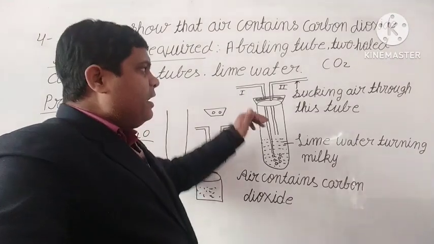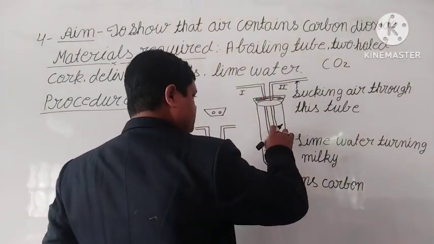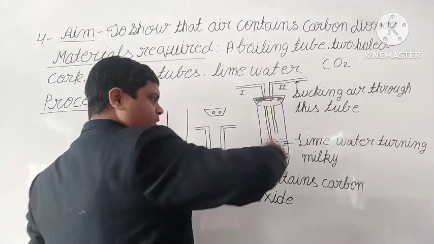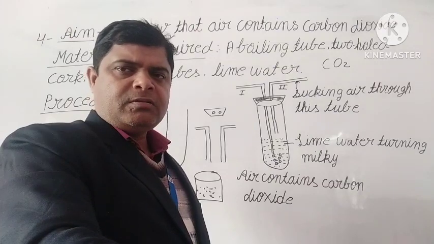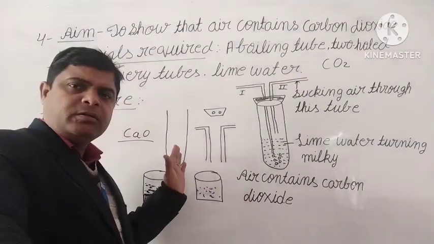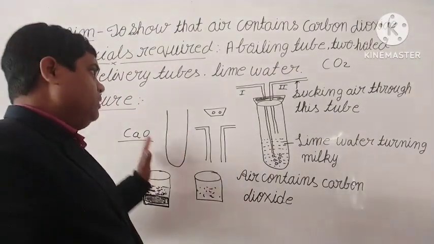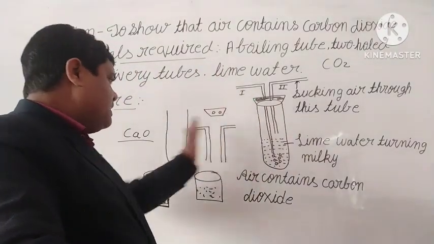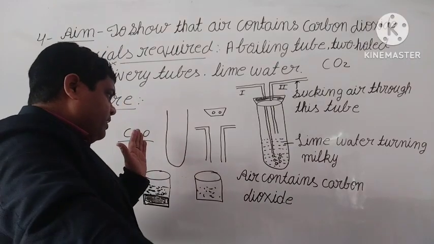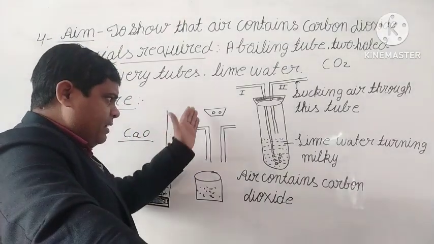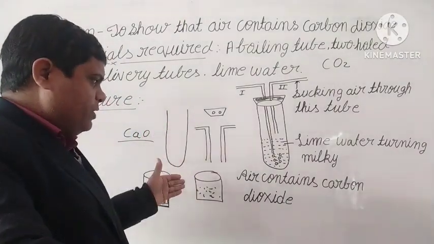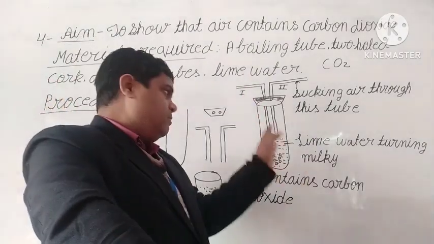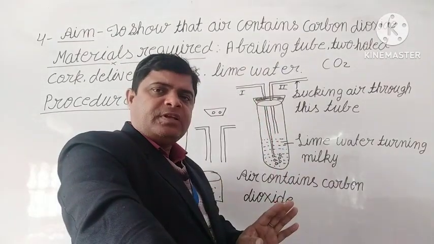Clear? And the other tube, see, is above the water, meaning no need to go deep inside the water. Clear? Understood now? Any doubt? Okay, so this is the process. We set all the instruments in the test tube, with cork and lime water, and this tube we put inside the water like this. Clear?